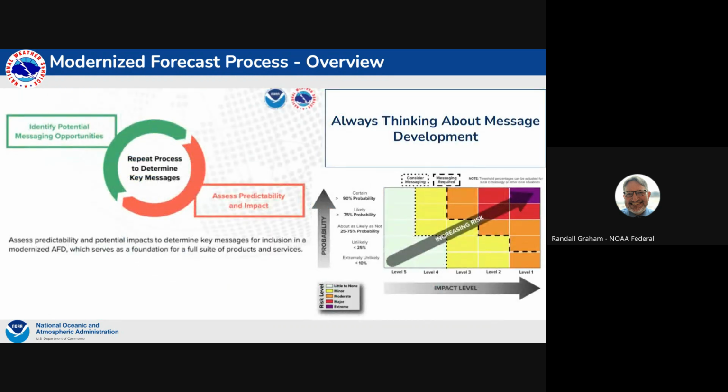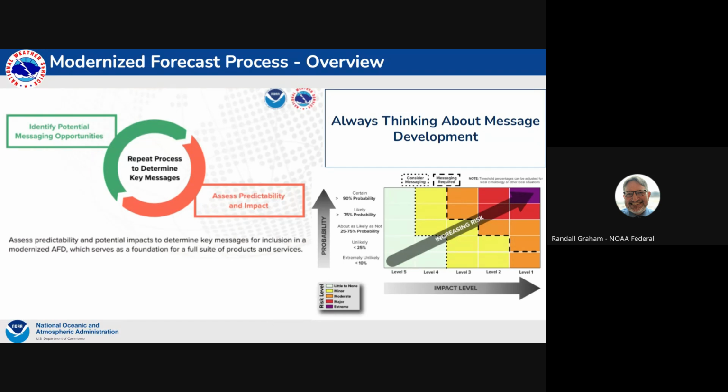This is the idea of the process of going through the modernized forecast process effort. You're identifying messaging opportunities and assessing predictability and impact. Based on that assessment, in the lower right there's a scale: impact increases to the right on the x-axis, and probability of occurrence increases on the y-axis as you go up.